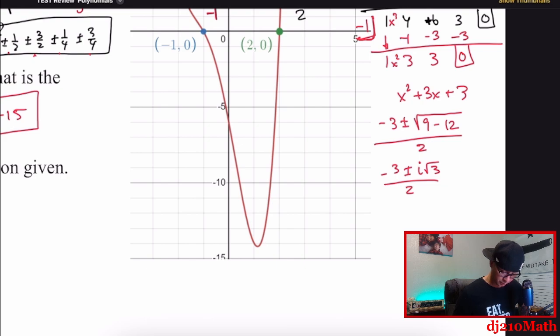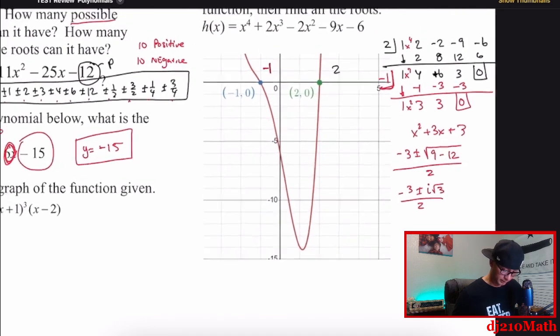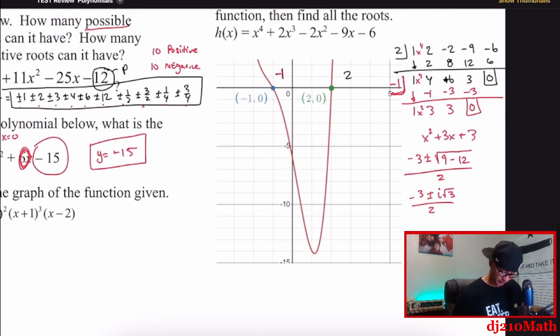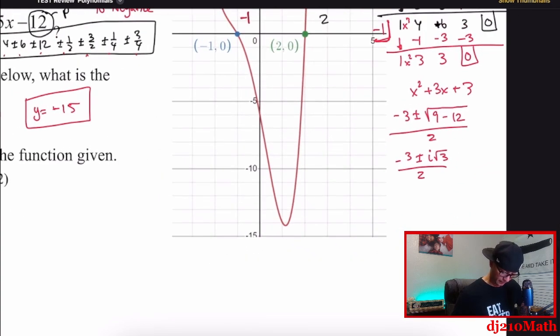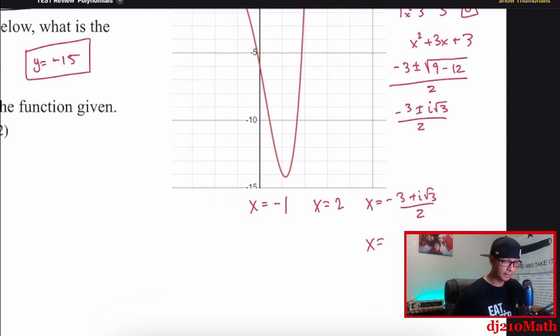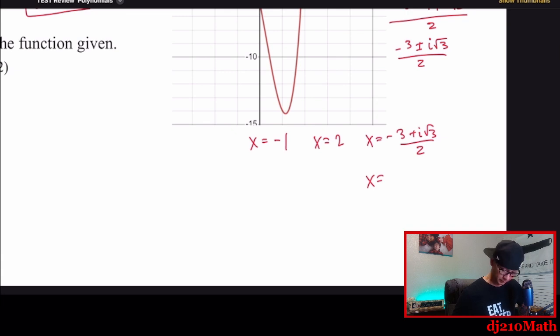So the two roots, other than the ones that they gave in the picture, are x equals -3 plus i root 3 over 2, a complex number, and x equals -3 minus i root 3 all over 2. The roots are x equals -1, x equals 2, and those two.